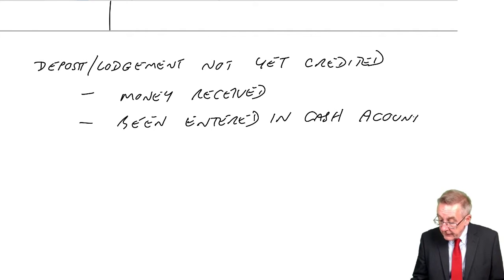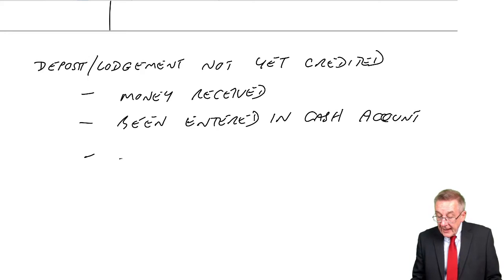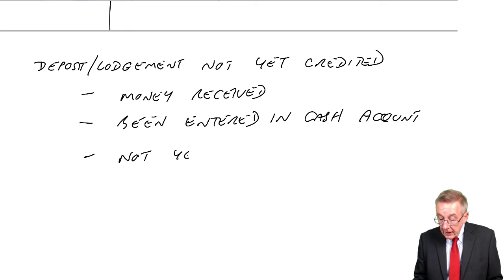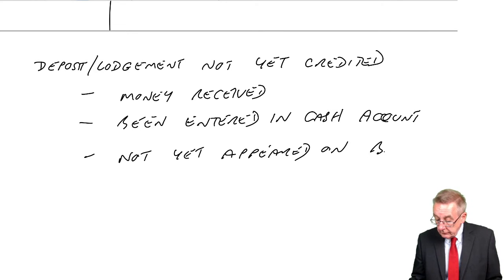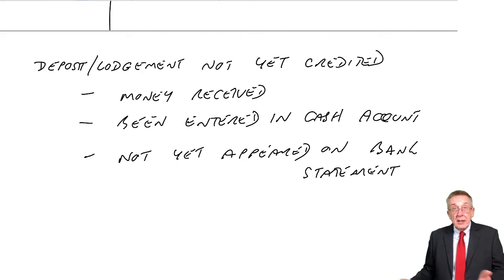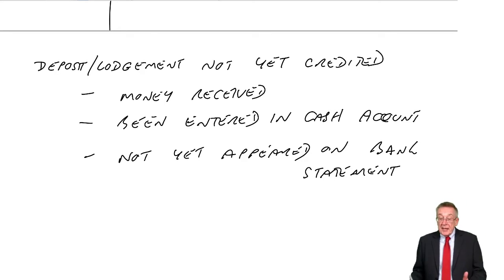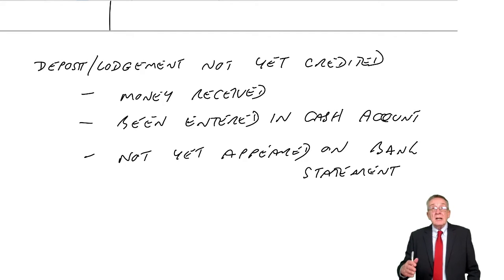When I received it, I've debited cash, but it's not yet appeared on the bank statement. And remember how I've already said, when it does appear on the bank statement, because it's money received, the bank will credit your account.